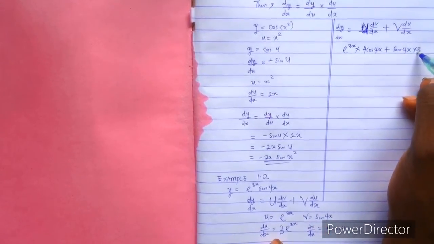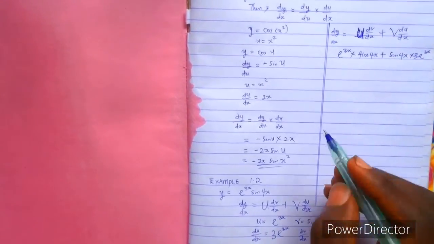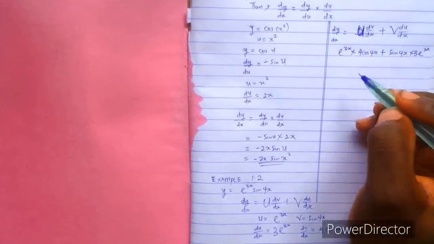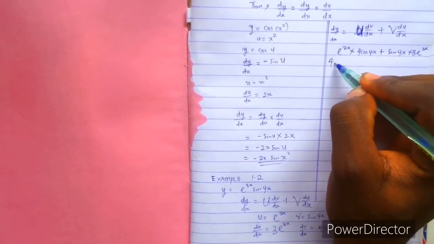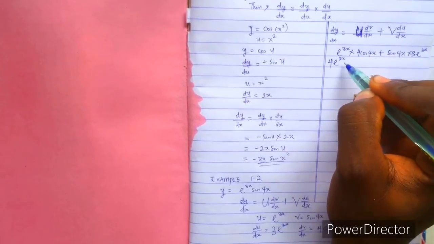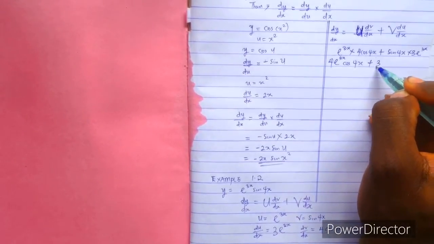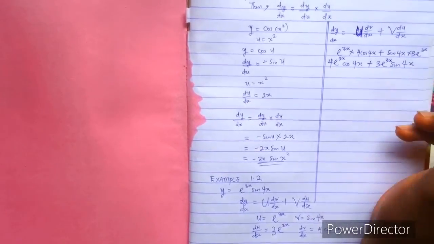Now from there, when we multiply this together, we can easily say 4e to the power 3x cos 4x plus 3e to the power 3x sine 4x.